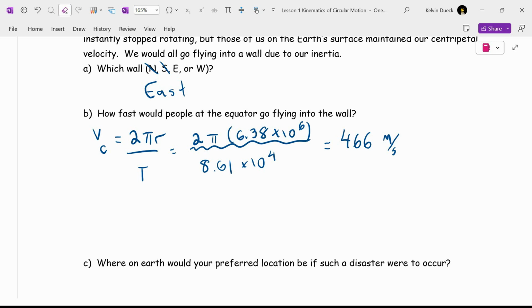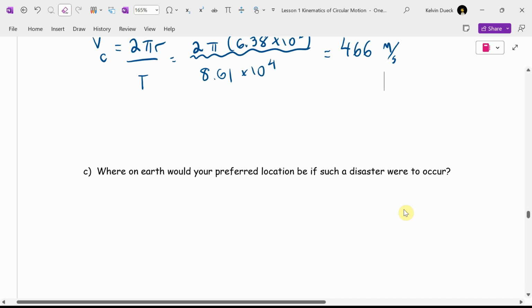Hand up. Okay. So, where on Earth would your preferred location be if such a disaster were to occur? Where would you not notice anything? Where would you be fine? Trevor, North Pole or the? Now, we don't have a permanent settlement on the North Pole because it's on Arctic ice that moves.